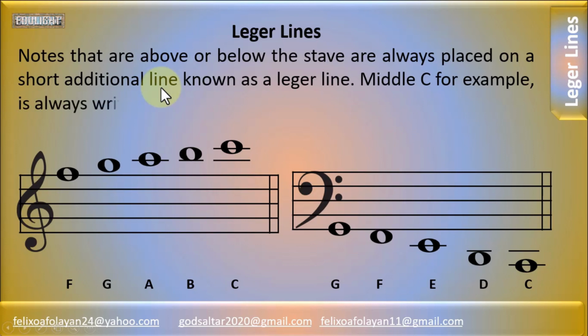Middle C, for example, as we explained in the last slide, is always written on a ledger line. So you can see that these are ledger lines. They are additional lines that are not included with the 5 lines of the staff. So those lines are called ledger lines.